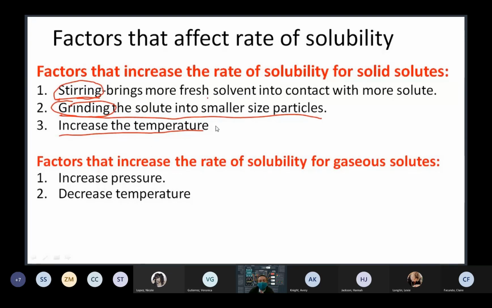If you have finer salt crystals, they'll dissolve faster. Also, if you heat up your substance, it will dissolve faster. If you have a gaseous solute, you want to increase the pressure to push more of that gas into your other gas or liquid or solid. You want to decrease the temperature of your gas so it's not moving as fast, so it can be captured more easily.